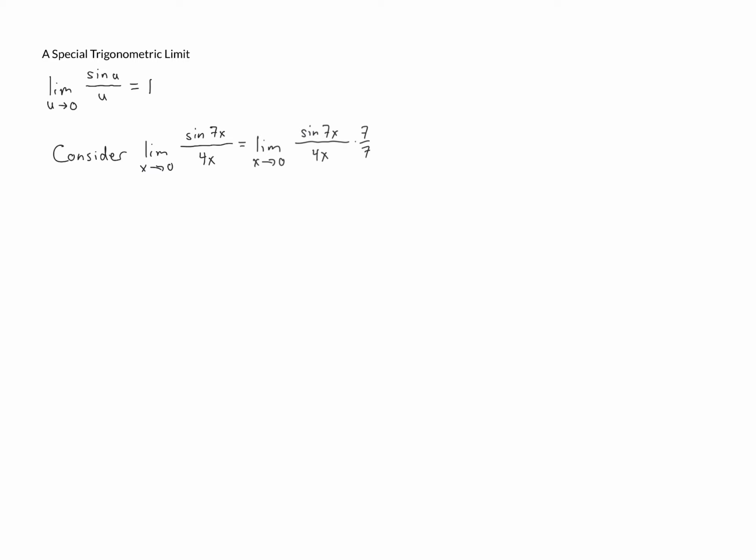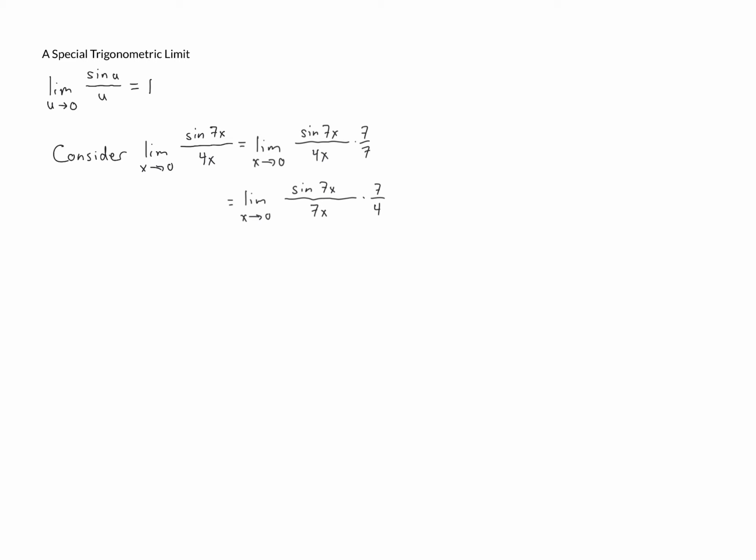We're allowed to do that. We can always multiply by any creative version of 1, and 7 over 7 is 1. Now we're going to rearrange things in the denominator. I'm going to take this sine of 7x, and we've still got that 7 in the numerator, but I'm going to replace the 7 and the 4 in the denominator.